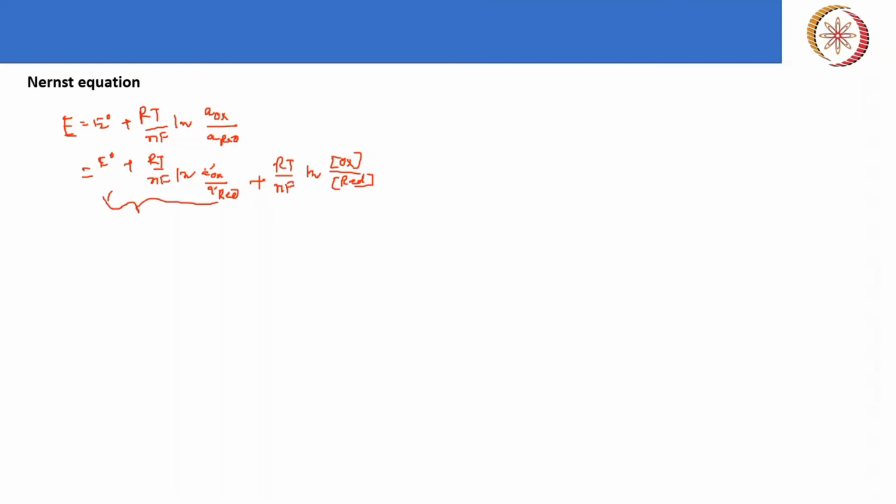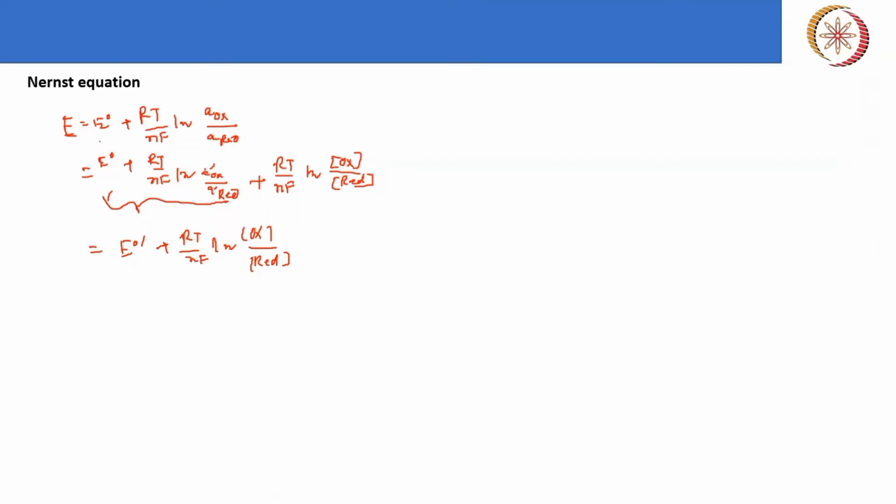So this potential is called the formal potential, E naught dash plus RT by nF ln Ox by Red.